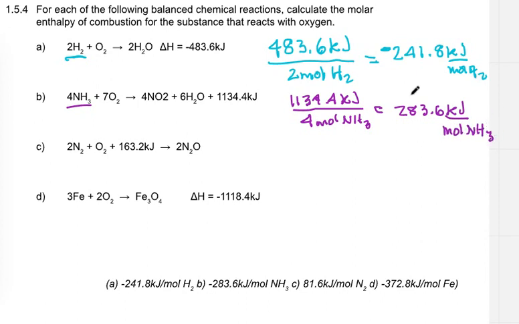And this should be negative. Do you see why? In this one, instead of delta H, they wrote the heat in the reaction, and they wrote it on the right side, meaning it's being released. That tells us exothermic, meaning we get to put in a negative there.